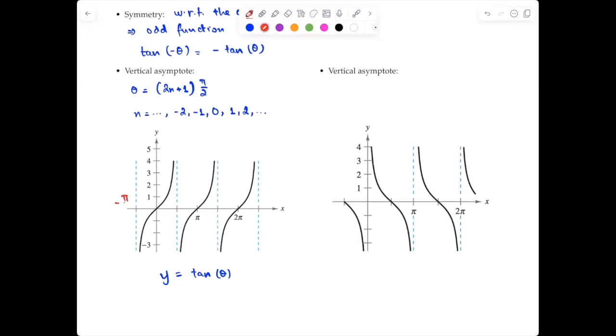So here you have to exclude negative pi over 2, therefore there's a vertical asymptote at that point. You exclude pi over 2, therefore there is a vertical asymptote there. This is 3 pi over 2, this is 5 pi over 2.